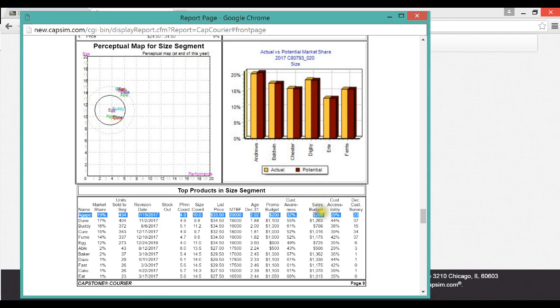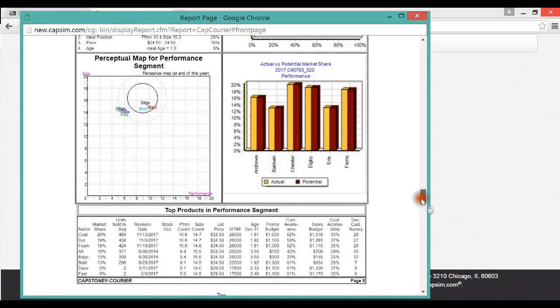And as I'll show you here shortly, all of my advertising, promotion budget, sales budget, it's the least of all my competitors pretty much for every market segment. So here's the size market segment. I'm at 200. All my competitors are over 1,000. Keep in mind, this is actually 1.1 million, not 1,100. Same here. This is 200,000, not 200.